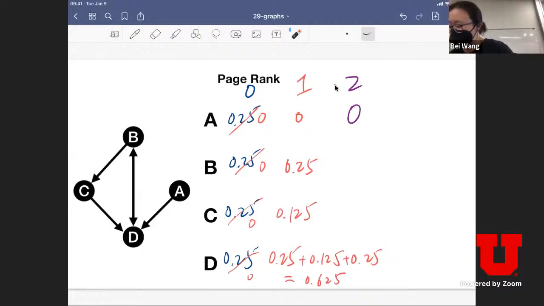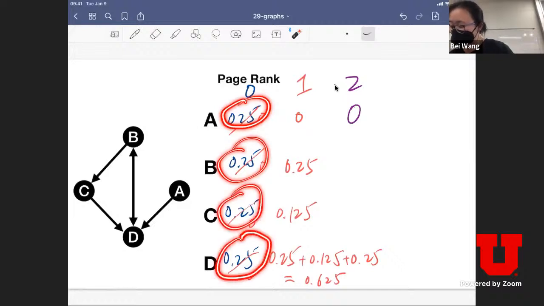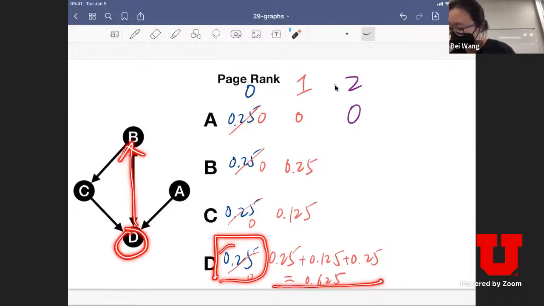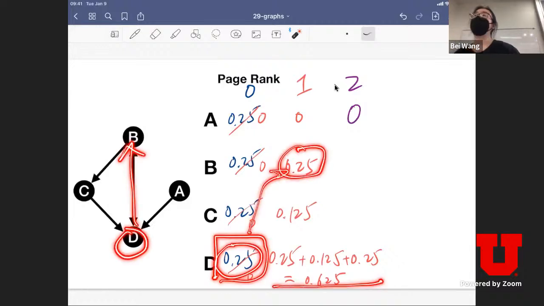The important part here is that when I'm going through the first step, I'm looking at the current mass distribution. So at D, when D is accumulating this, D originally has this much mass, and D is connected to B, that's why B always takes over and takes the mass at the very end.